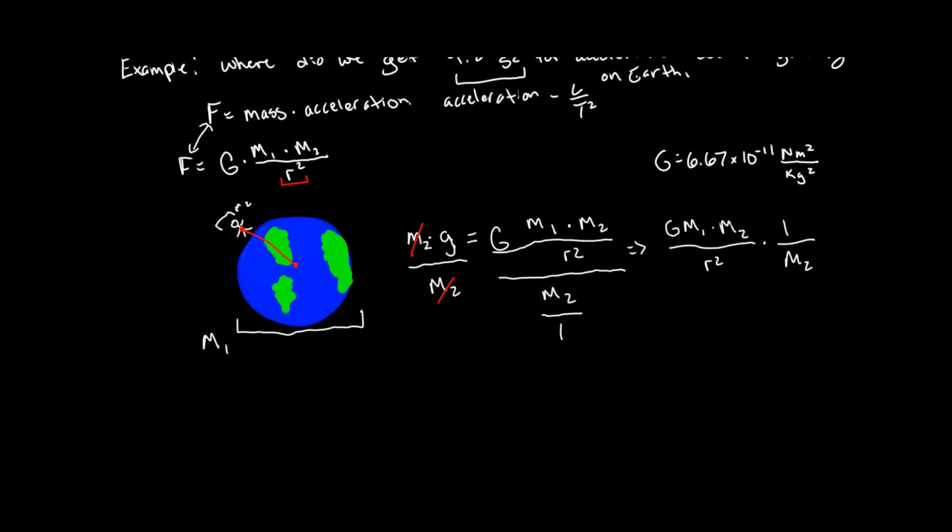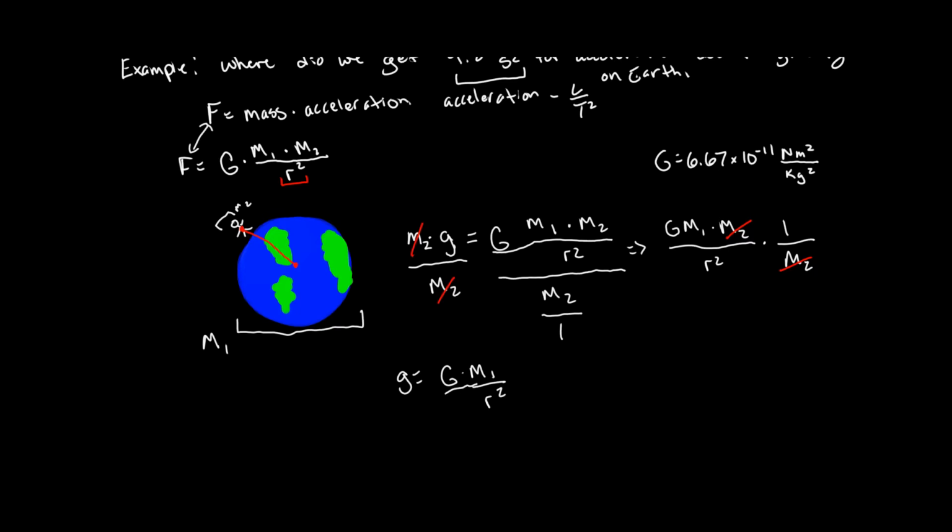Because this is all multiplication, there's no addition happening up here, that means we can cancel m2 out on this side as well. So now m2 is canceled from both sides, and we're left with g is equal to G times m1 over r squared.